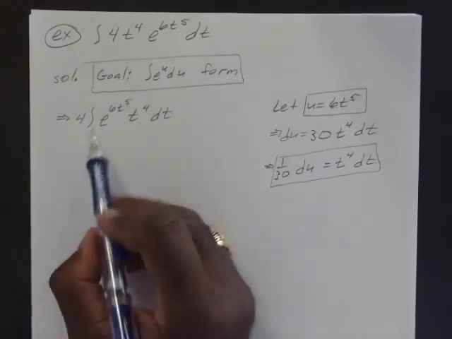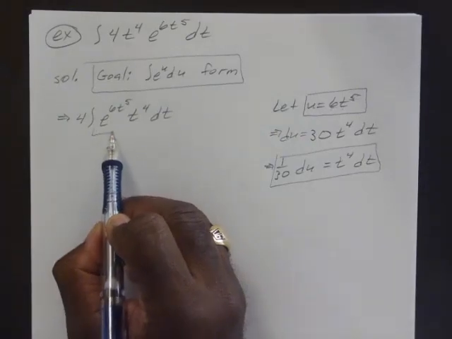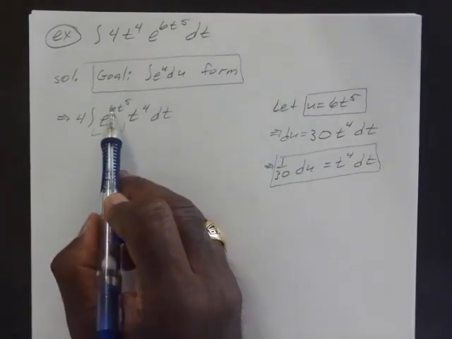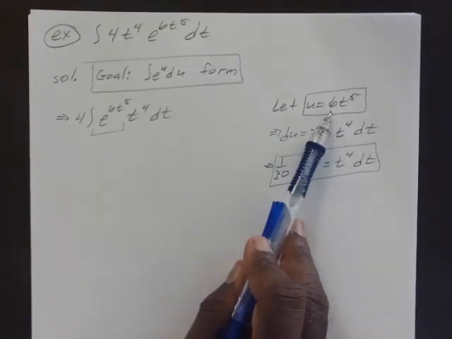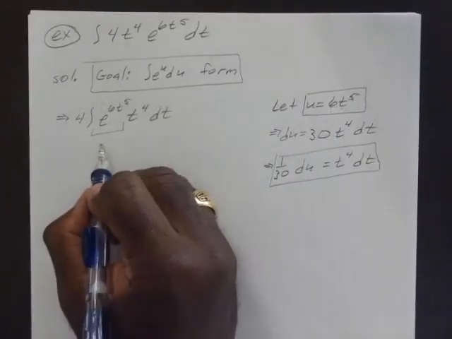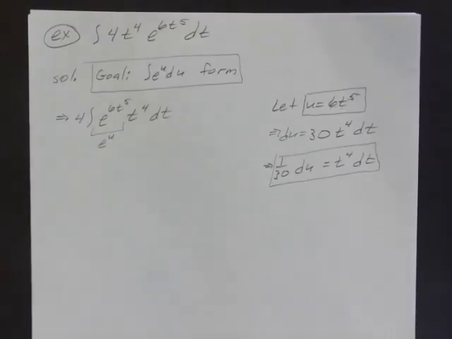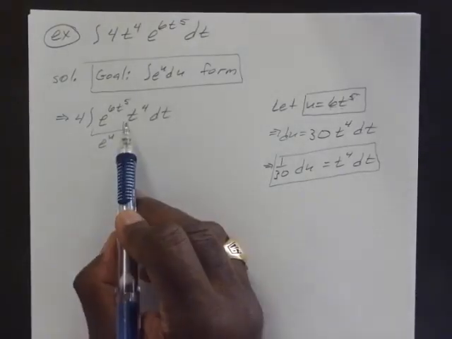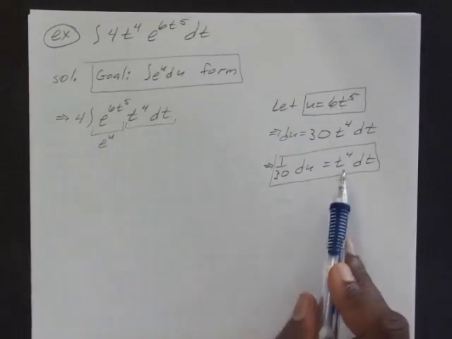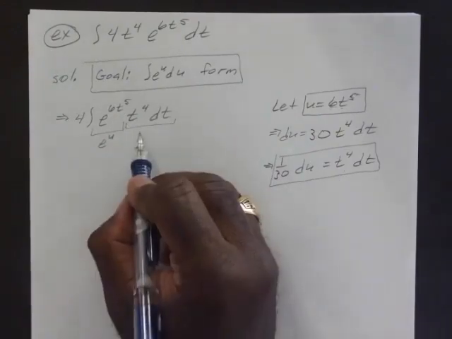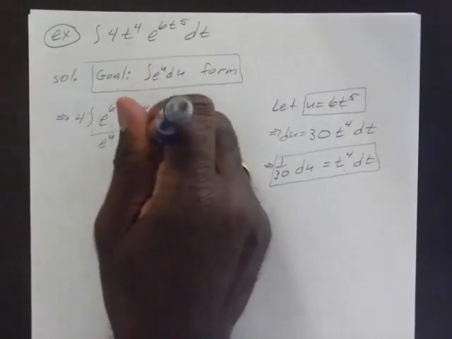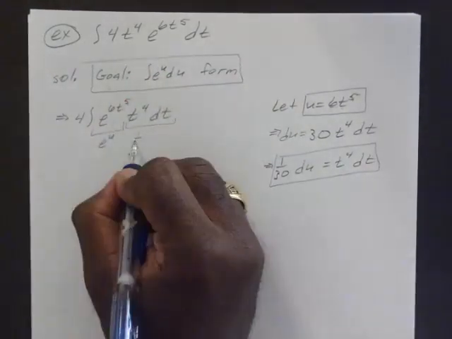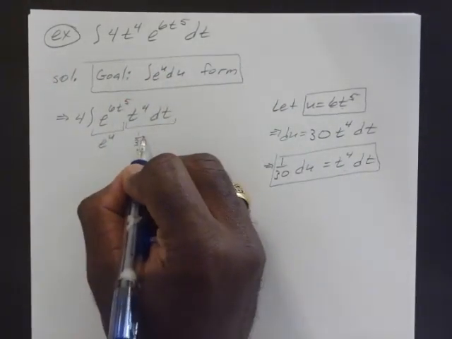Okay, which works out perfectly because we can replace e to the power of 6t to the 5th power with e to the power of u. And that t to the 4th power dt, we can replace that with 1 over 30 du.